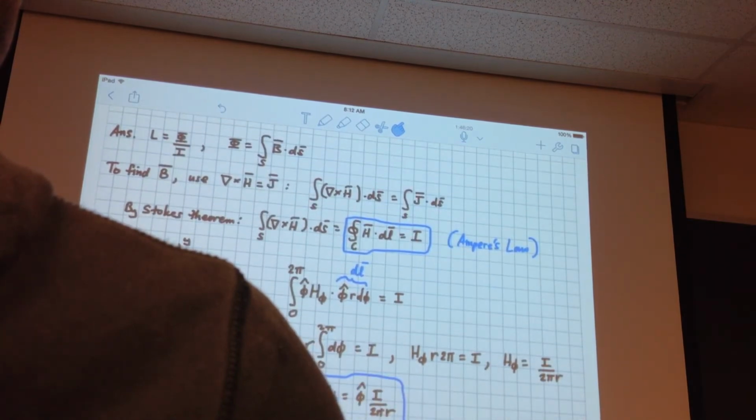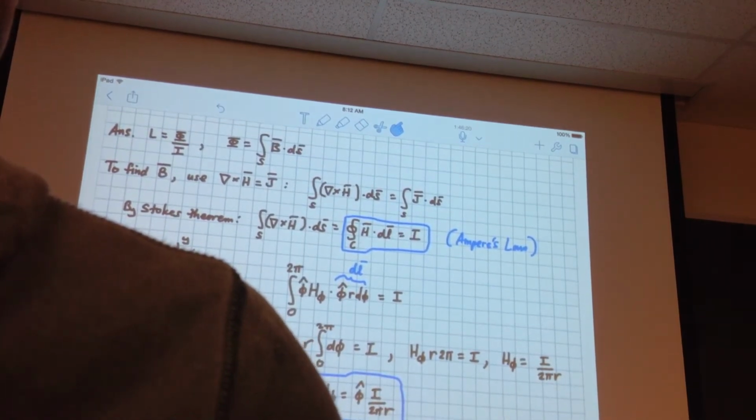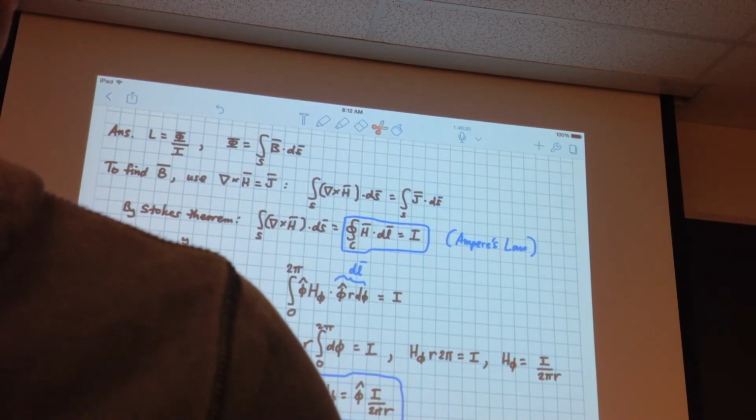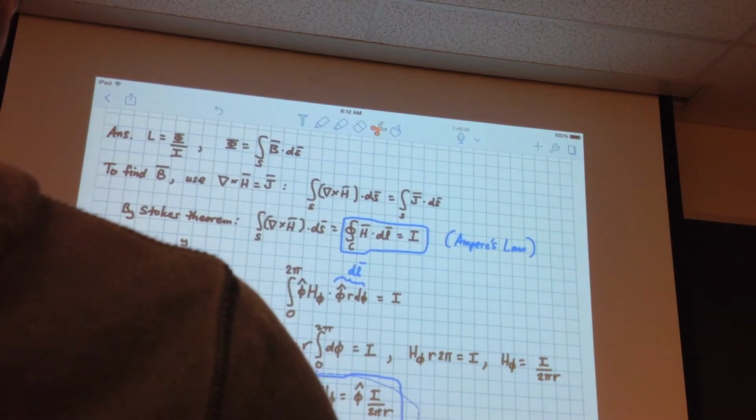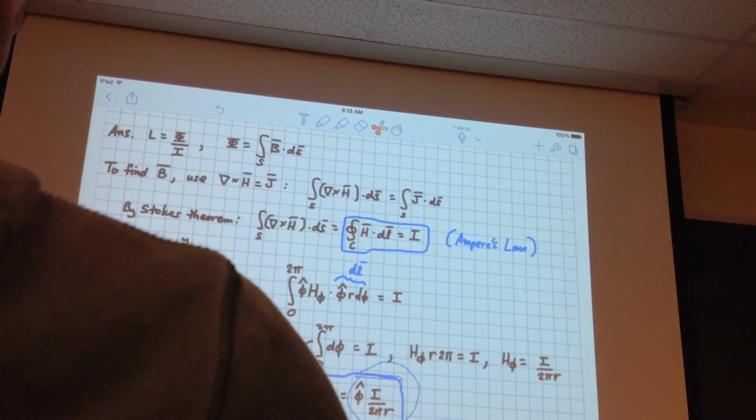So the H field is phi hat H_φ, and that is equal to phi hat I divided by 2πr. You can see our magnetic field depends on I. So if you have a stronger current, then you have a stronger magnetic field in your coaxial cable.